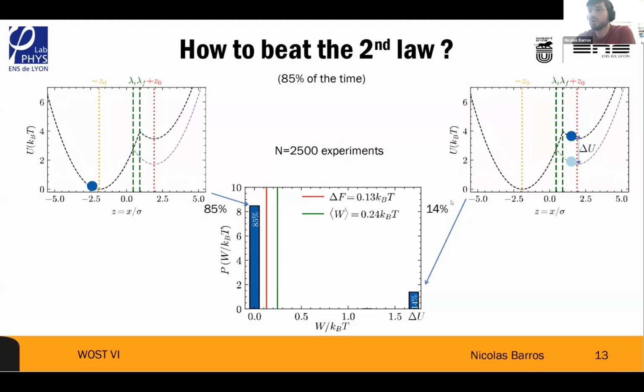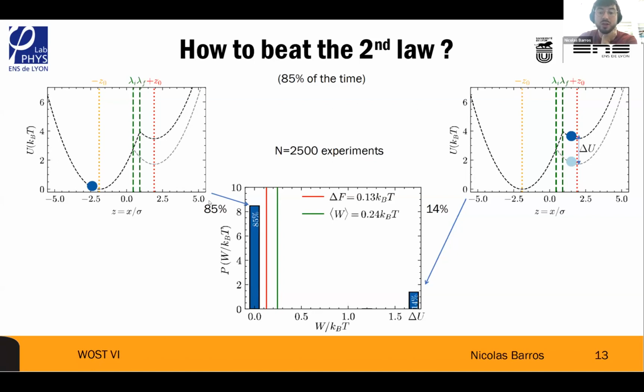So if you're unlucky, in 14% of the cases, you have to spend some work delta U. However, in all cases, the free energy of the system still increases, even by a lesser amount. If we repeat the experiment a large number of times to properly sample all the probabilities, we see that the mean work we spend is still superior or equal to the free energy difference.